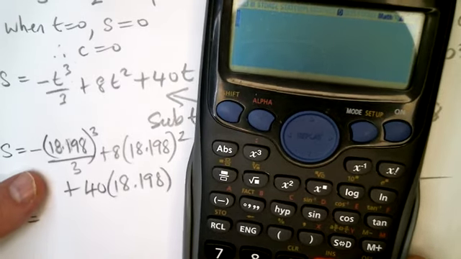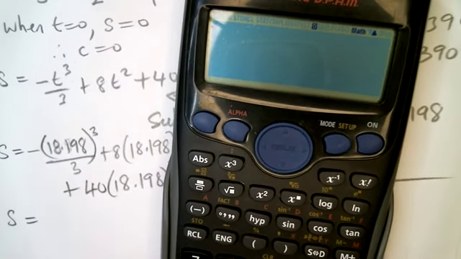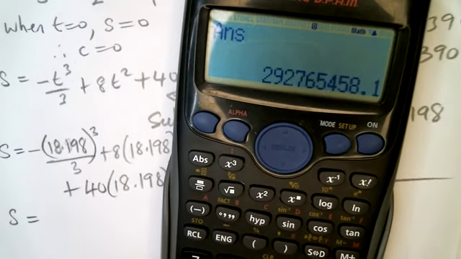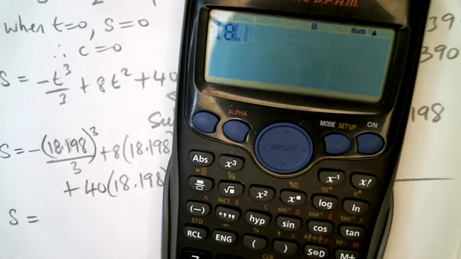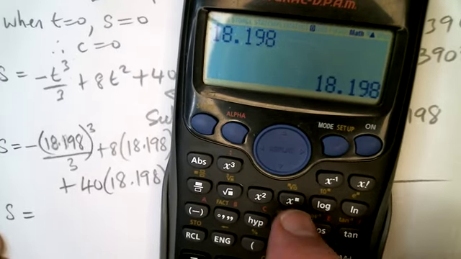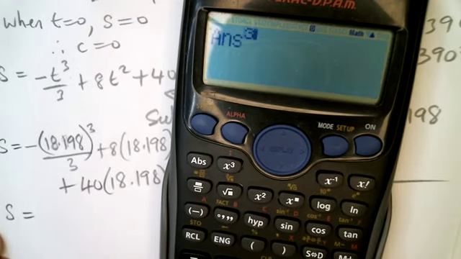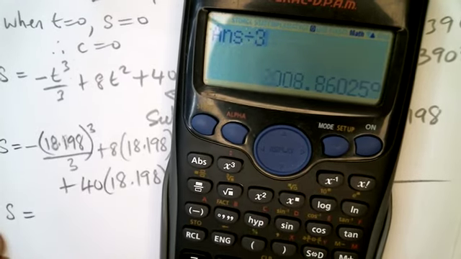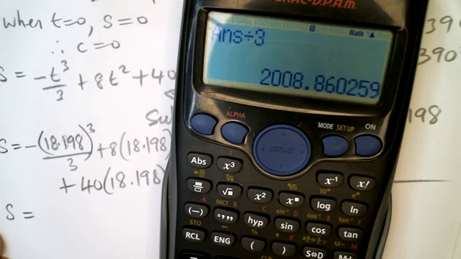So I'm going to do it step by step. Here we go. 18.198, that's what we're after. I'm going to take that, put it to the power of 3, divide it by 3, and make that negative.